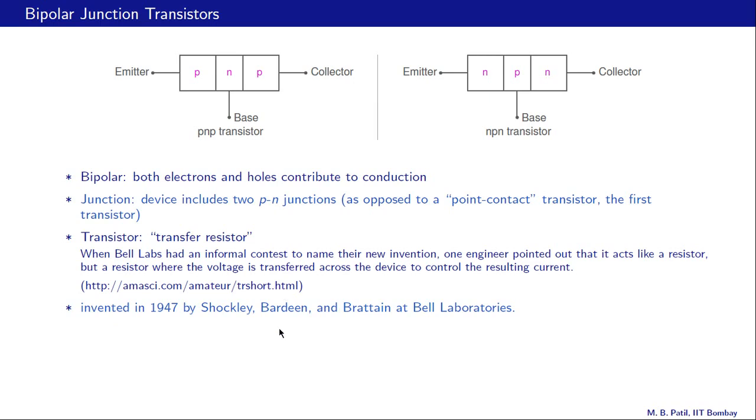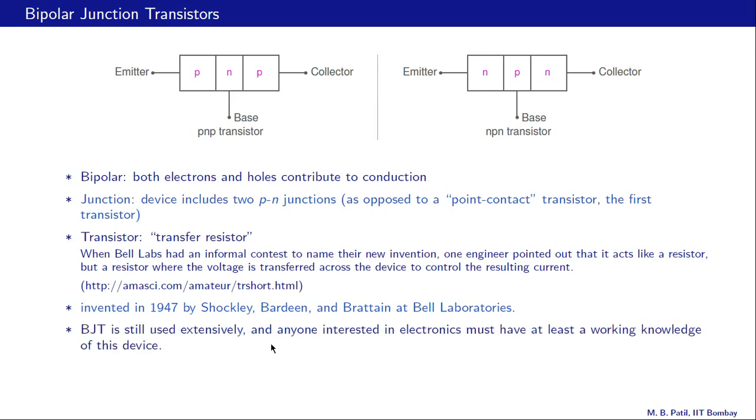And over the years, the bipolar transistor technology has matured following several developments and innovations, and today the BJT is a very commonly used device, both as a single transistor, that is discrete transistor, and also as part of many integrated circuits. The bipolar transistor is still used extensively, and anyone who is interested in electronics must definitely have at least a working knowledge of this device.